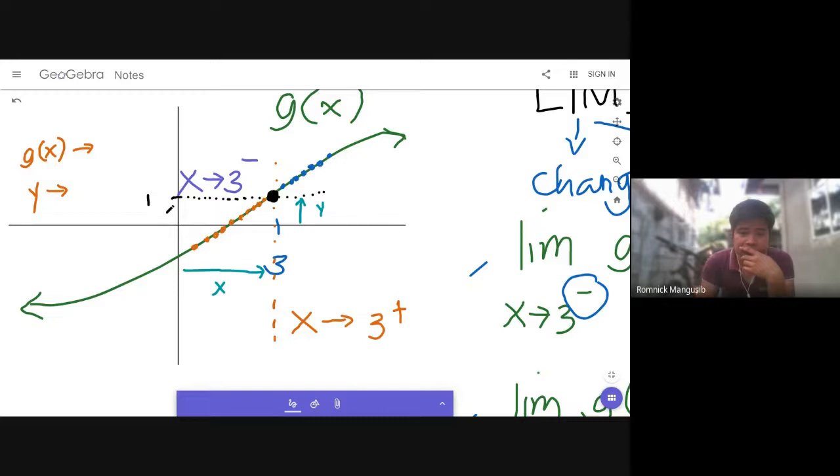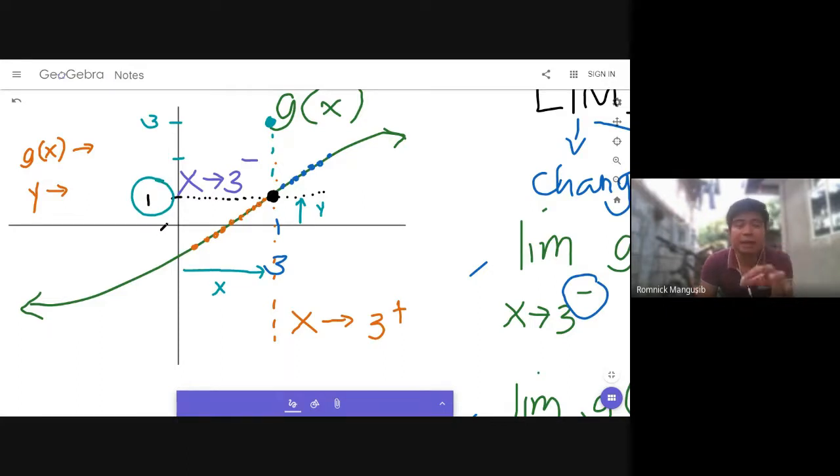Saan siya papunta? Papunta ba siya sa 3? Kung nandito ang 3 na y, nandito ang x, that is 3. Doon ba siya papunta? Dito ba siya papunta? Di ba hindi? Nakikita natin kung saan papunta ang y? Y gets closer and closer to 1.